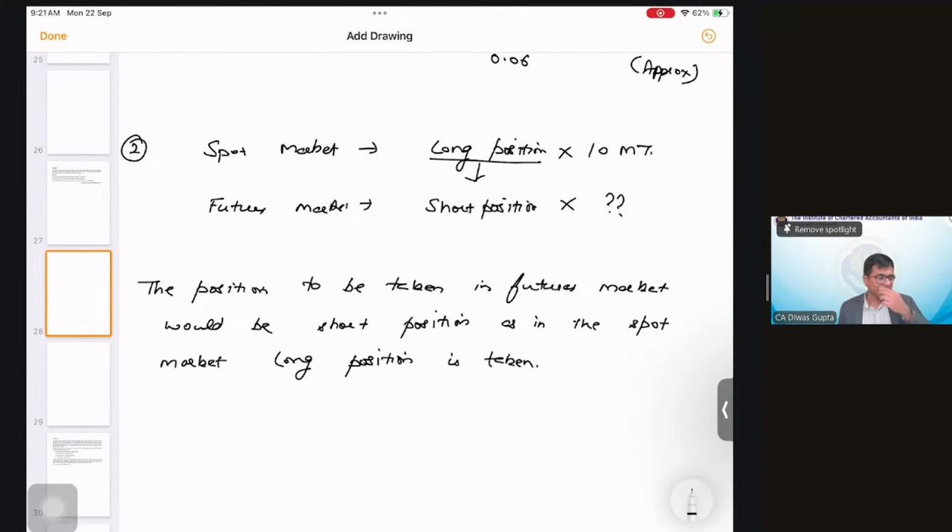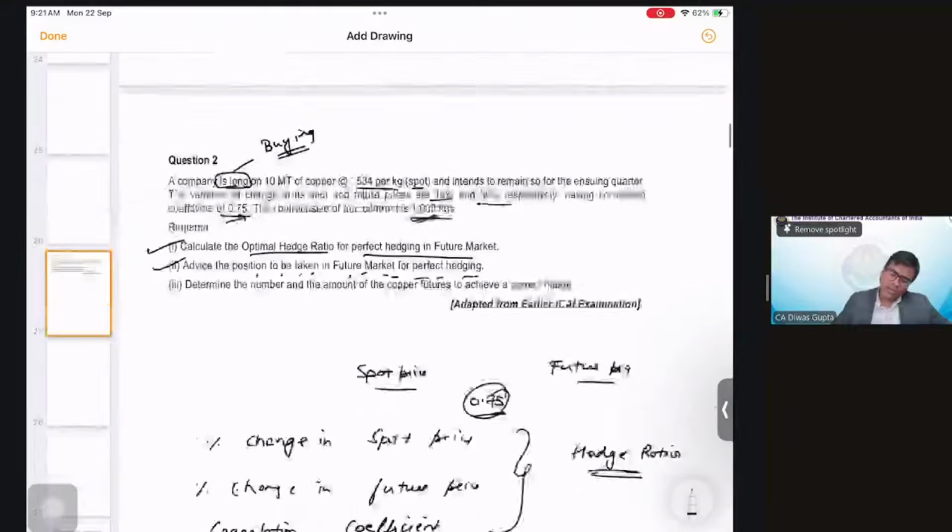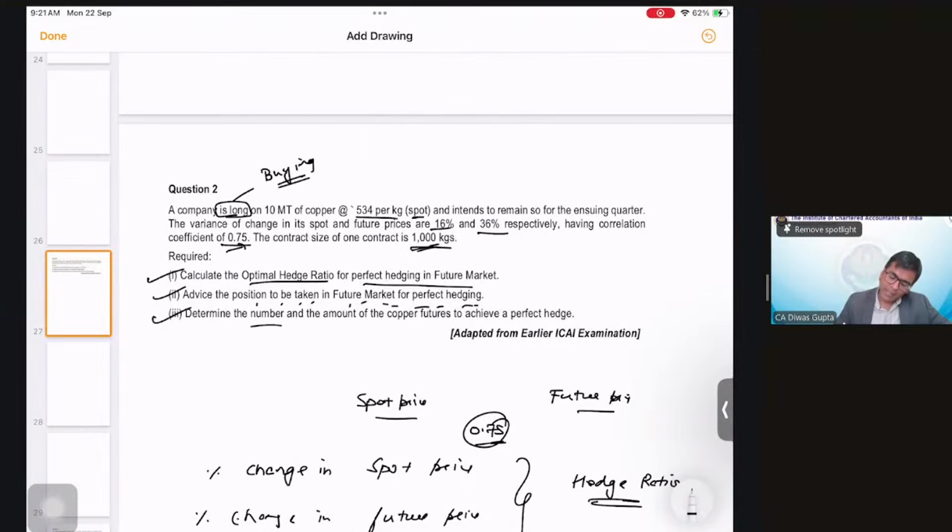Clear? Because we have already taken a long position in spot market, futures market we will be taking a short position. Now the third part, determine the number and the amount of copper futures to achieve a perfect hedge.